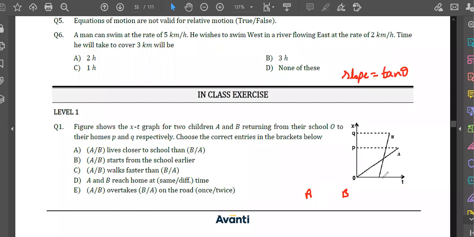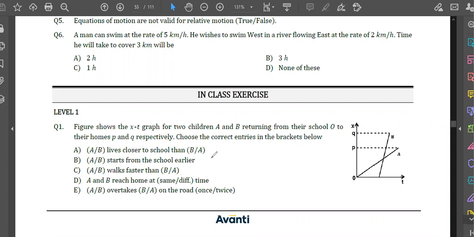Because the slope of B is more than that of A. Any issues? So let's see. Choose the correct entries in the bracket below. After observing this graph, let's choose the options. First, lives closer to school, A or B.